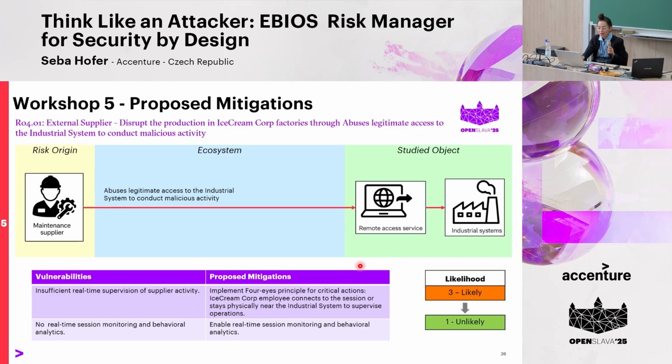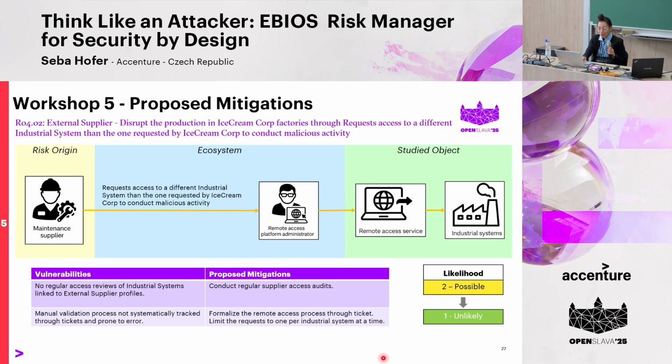The goal is that every time a supplier connects to that industrial system, an employee of Ice Cream Corp connects at the same time and checks what they are doing, either through the remote access platform or physically in the factory. They go near the machine and check that nothing wrong is happening. This will really reduce the likelihood to unlikely, and we also propose to enable real-time session monitoring to analyze in real time if some actions look a bit weird.